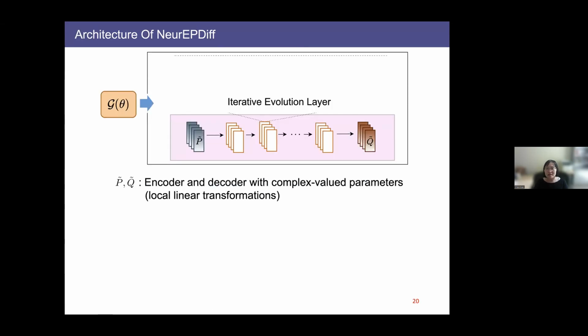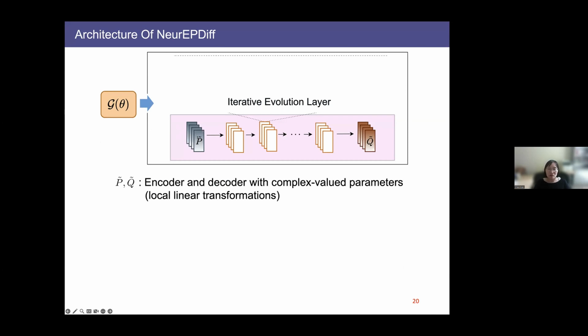To do this, we design the network G theta as a composition of components. Remember that the network learns in the complex band limited Fourier space, so everything is complex valued. If you see the mathematical symbol there, that means it's complex valued.